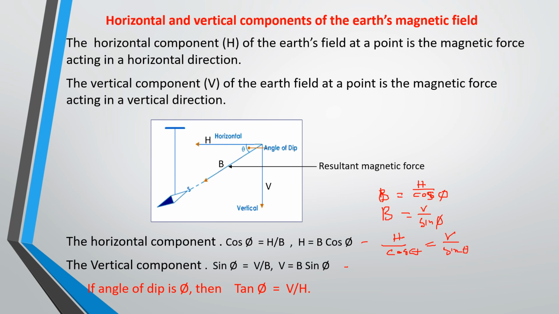So if you do a rearrangement of this particular equation, you are going to have that V over H is equal to sine theta all over cos theta. So we know that sine theta over cos theta is equal to tan theta.